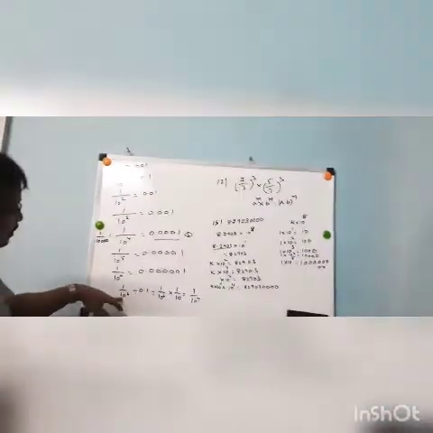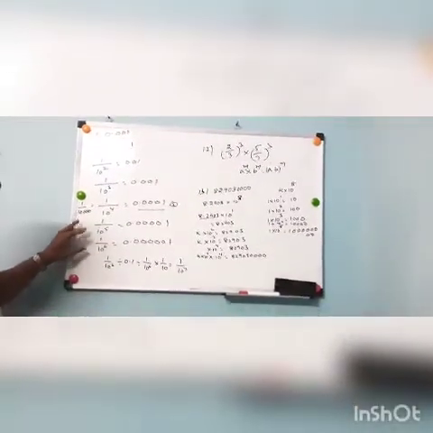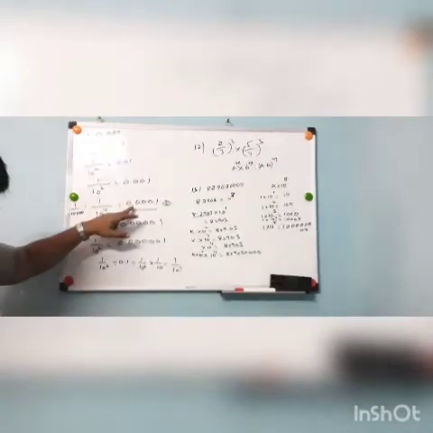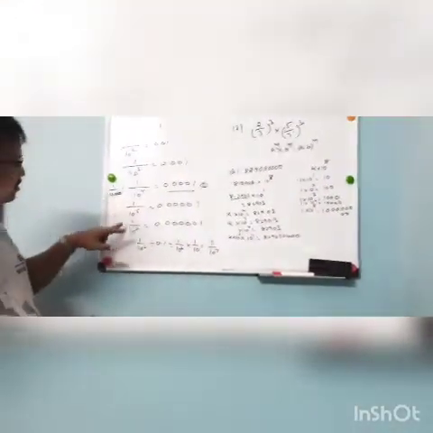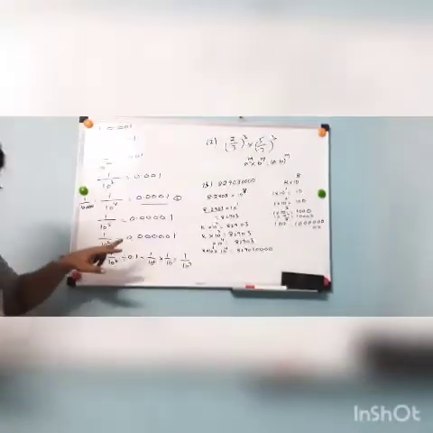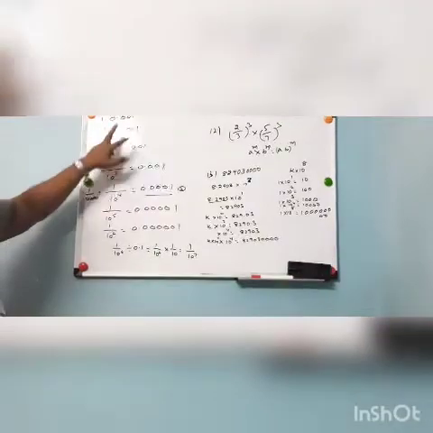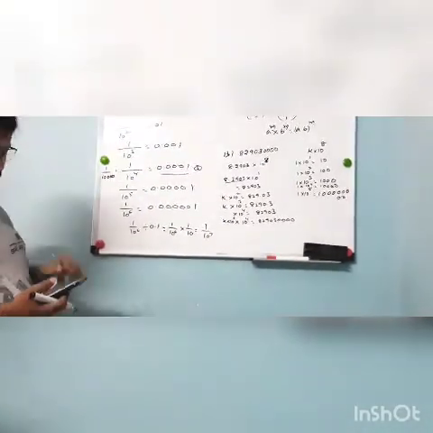It is less than 1 by 10 power 6. So 1 by 10 power 4 is 0.0001. 1 by 10 cube is the largest value.